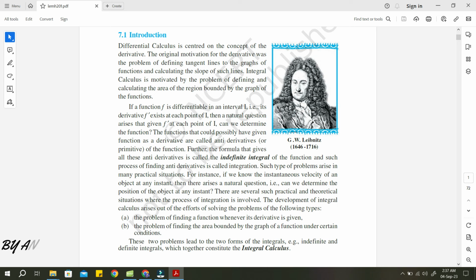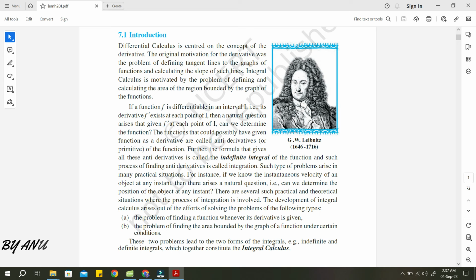So let's look at the first introduction part: differential calculus is centered on the concept of the derivative. The original motivation for the derivative was the problem of defining the tangent lines to the graph of functions and calculating the slope of such lines.